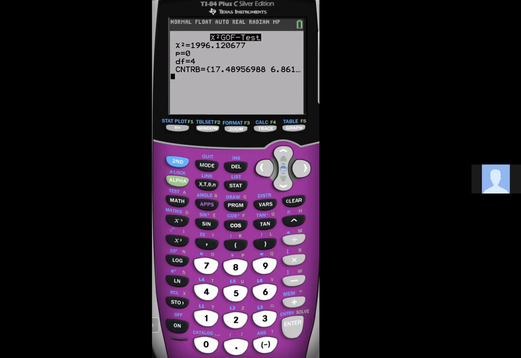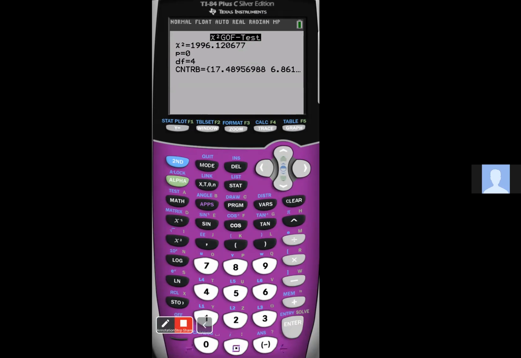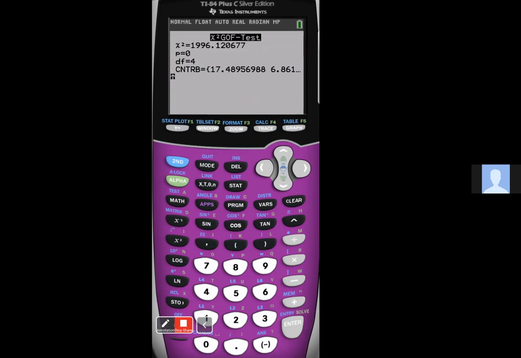Oh, I did my math wrong somehow. The chi-square here is the summation of all the observed minus expected squared over expected. And then the P here means the p-value. So our p-value in this case is 0.